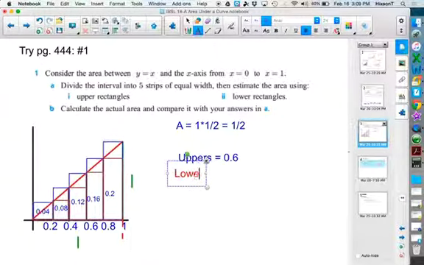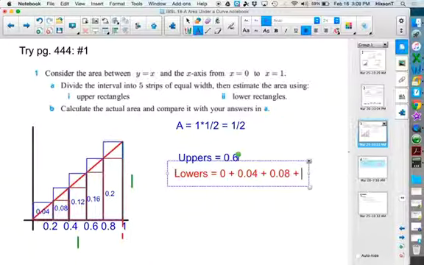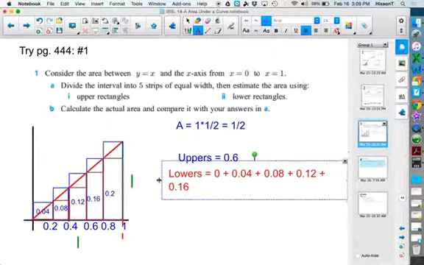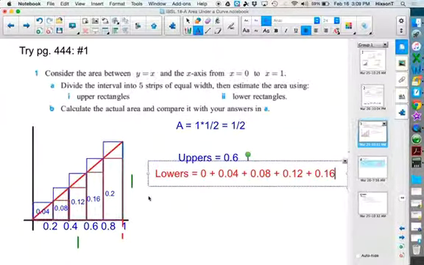So, for our lowers, we have 0 plus, in this case, 0.04, plus 0.08, plus 0.12, plus 0.16, okay? Now notice here, we got a lot of the same areas for the rectangles, but they were all kind of shifted over one.